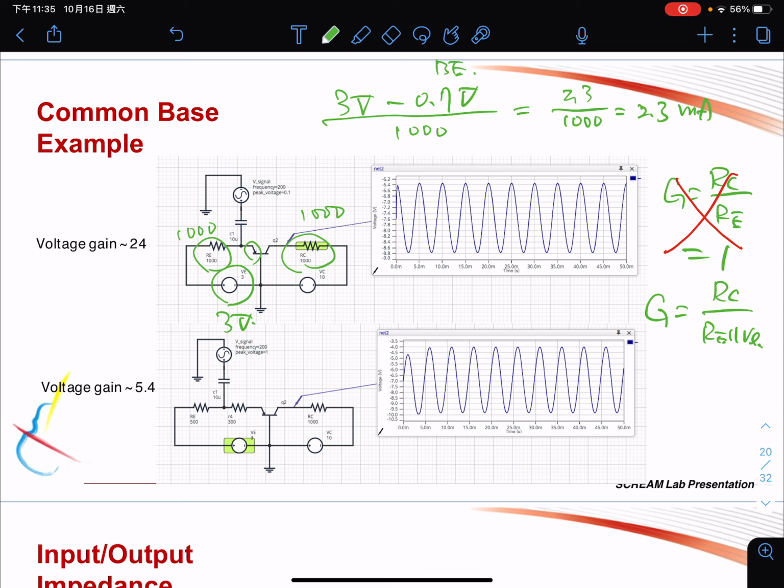So re will be 25 millivolts divided by 2.3 milliamp, which is around 10 ohms, right? 9 to 10 ohms here.